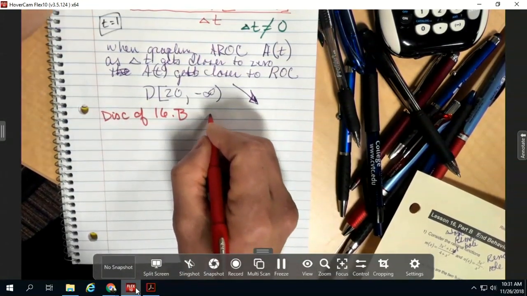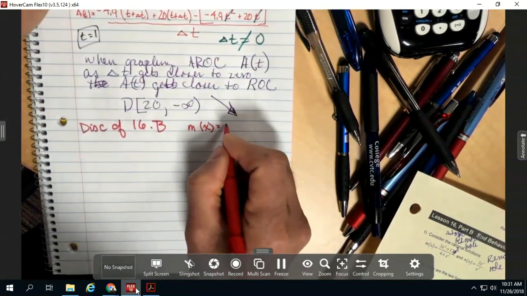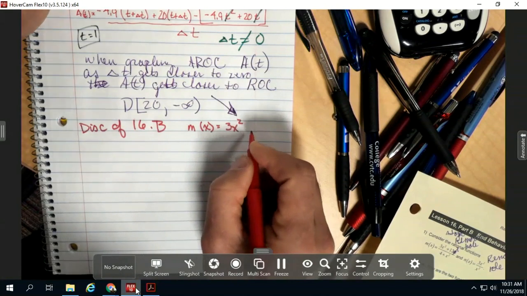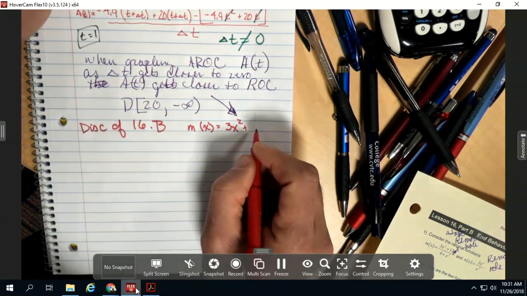The first one says m as a function of x is 3x squared plus, what does your book have there?